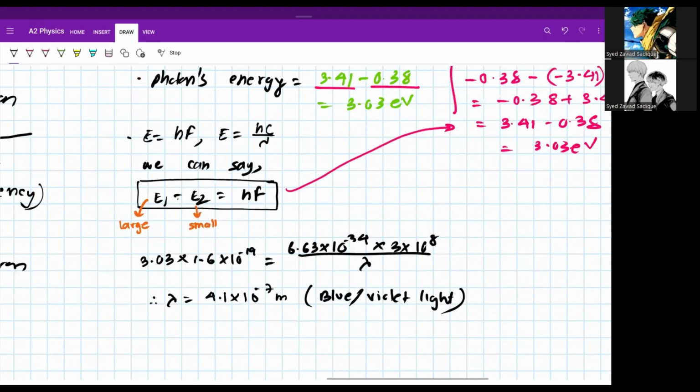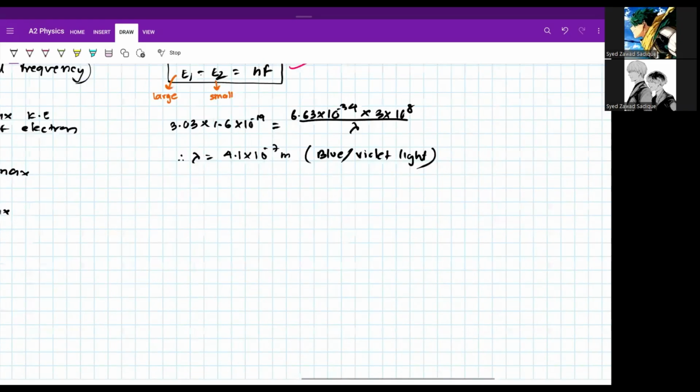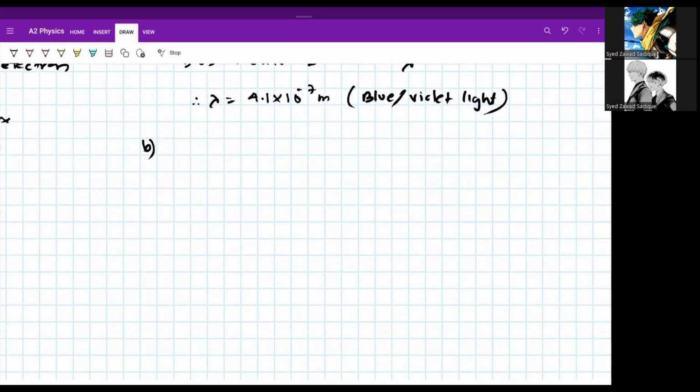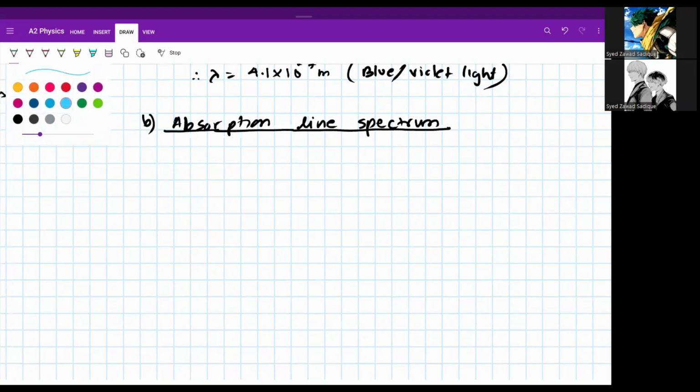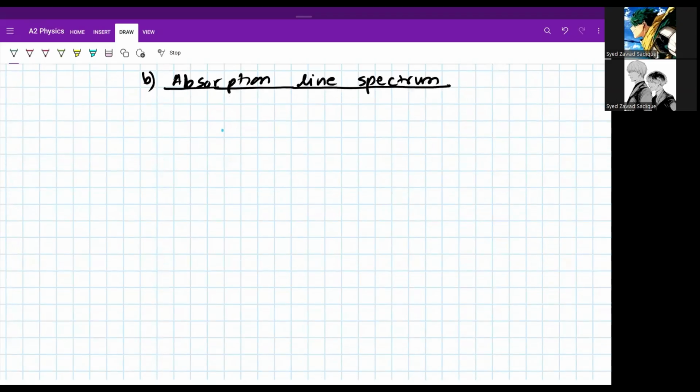Then we have the absorption line spectrum. The absorption line spectrum is a cloud of cool gas through which white light passes.